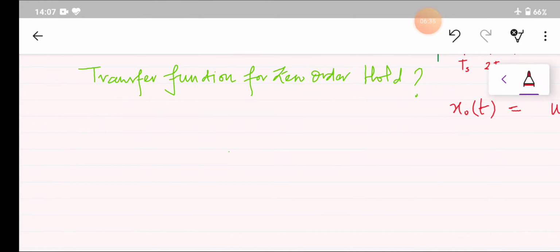So here we have the signal xt, which is sampled using the sampler, and after that it is passed through a zero order hold.